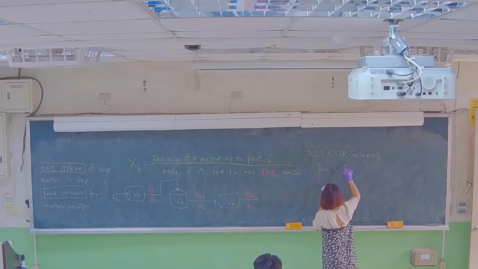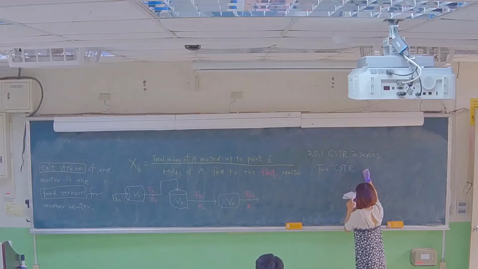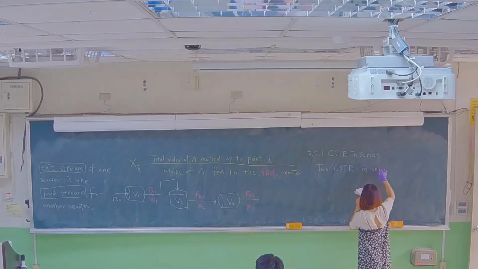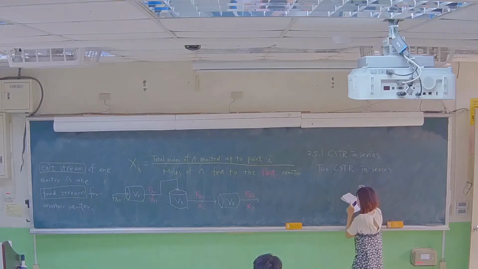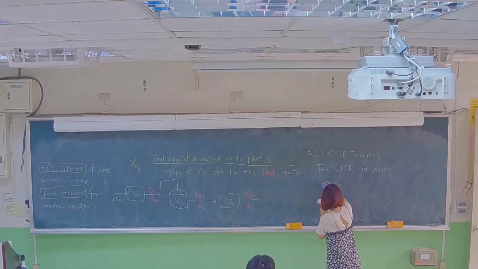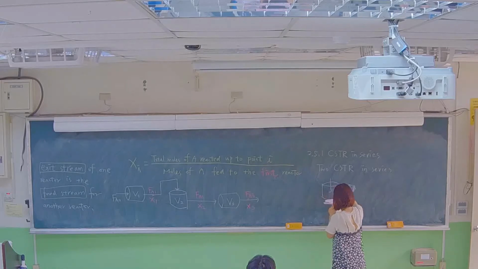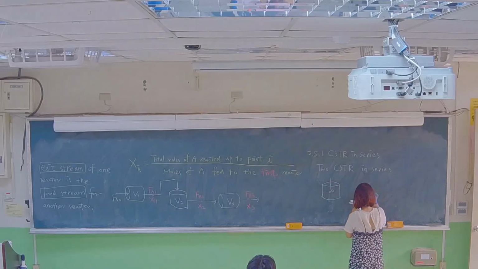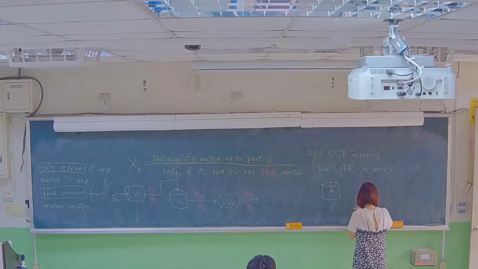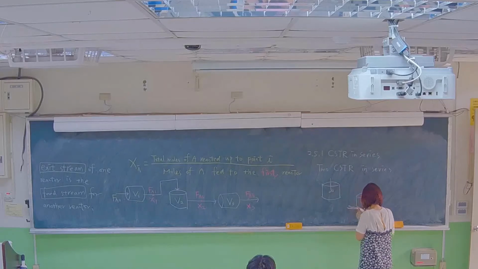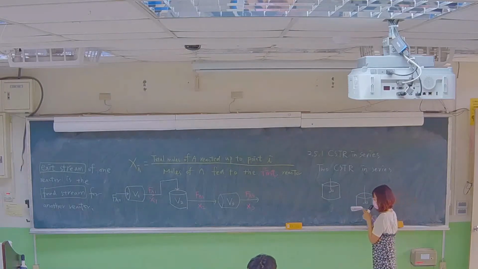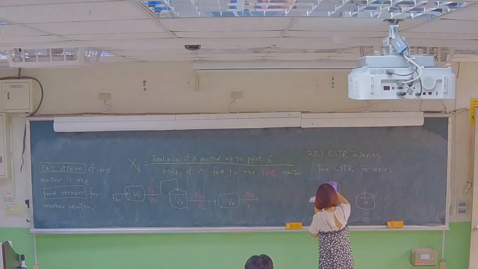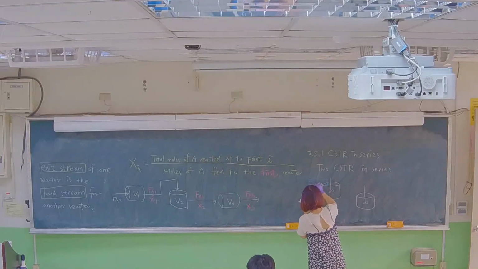The simplest one, two CSTRs in series. So the picture is like this. This is the first CSTR. Second CSTR. The feed stream, FA0.